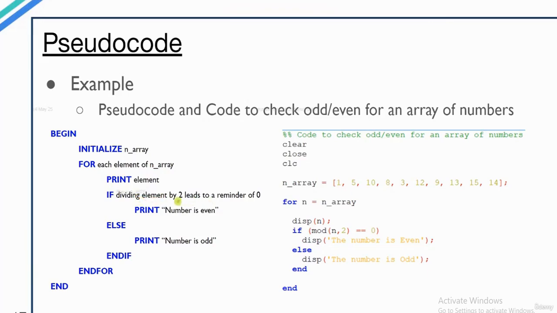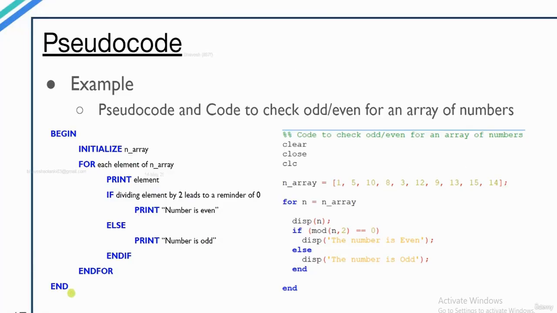If it is divisible by 2, we print the number is even. Otherwise, we print that the number is odd. And then we close the if structure by writing end if. We close the for structure by writing end for, and we terminate the entire pseudocode by writing end.